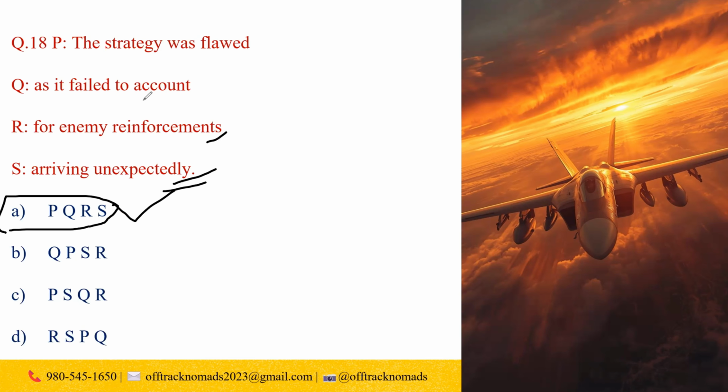As it failed to account. What was that account? As it failed to expect enemy reinforcement arriving unexpectedly. So the answer is A. The strategy was flawed as it failed to account for enemy reinforcement arriving unexpectedly. Right?